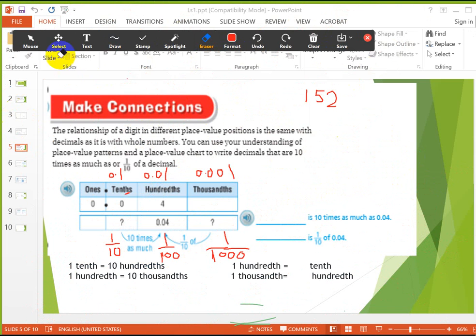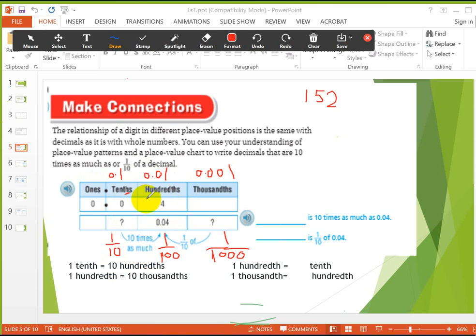Okay. Now, the relationship between the tenths and the hundredths tells me that the tenths are 10 times as much as the hundredths. That means each 1/10 equals 10 hundredths. Okay? So tenths are bigger than hundredths by 10 times.